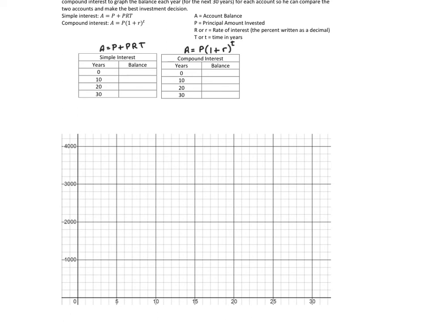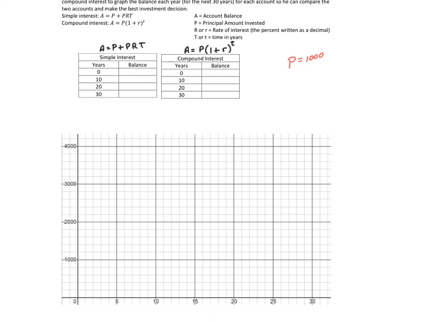Okay, so in this one, we have some values to put in here. I wrote the equations down, but didn't put any values in. I think we are depositing $1,000, so P is 1,000, right? And the interest rate, I can't remember what it was.